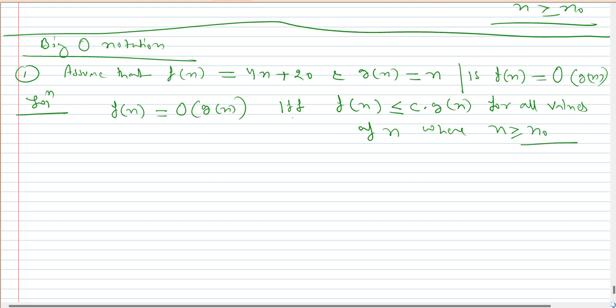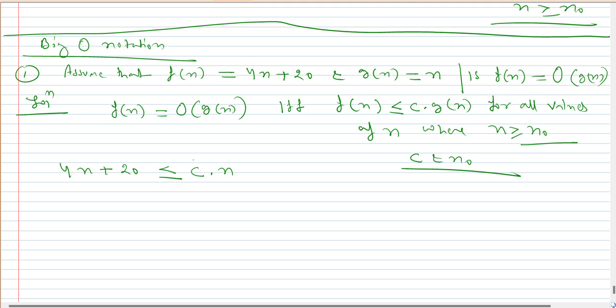That means we have to find the values of C and n naught for which this inequality holds. So we have to prove that 4n plus 20 is always less than or equal to C dot n.